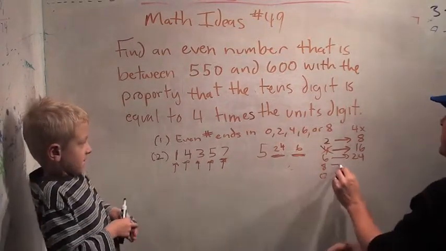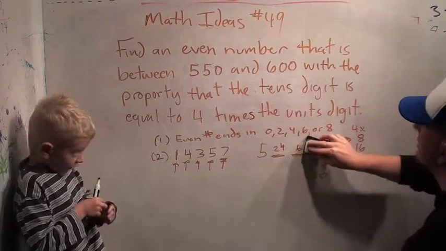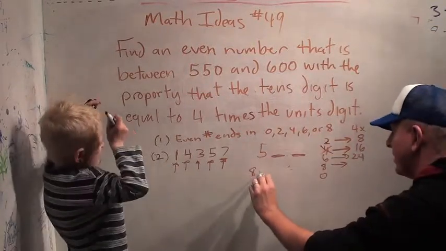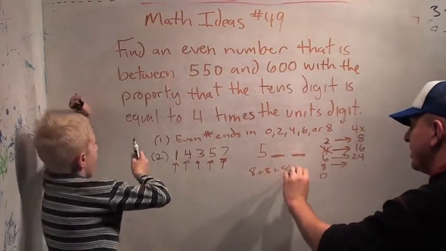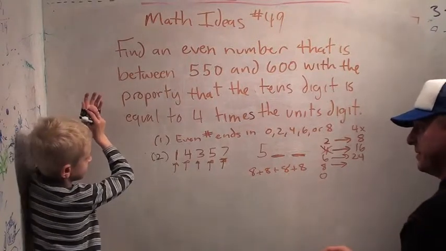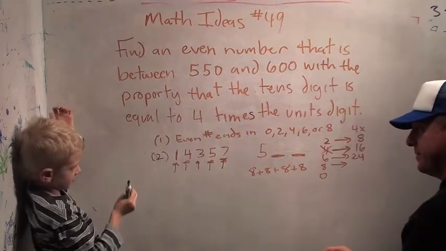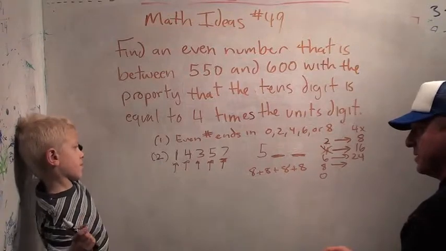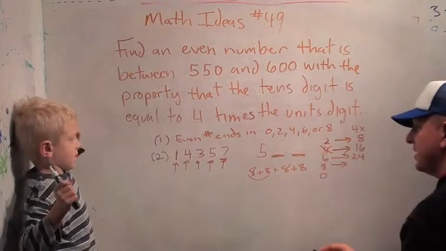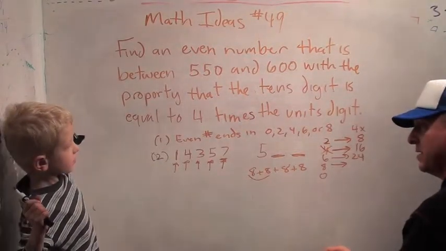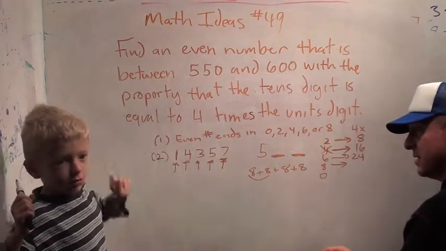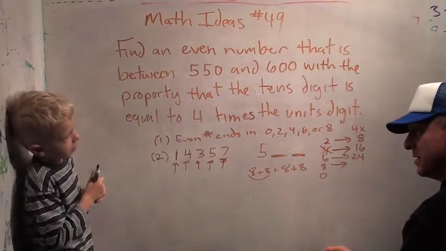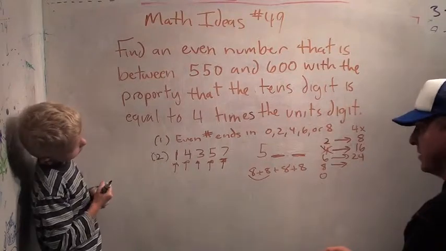What about 8 times 4? So 8 plus 8 plus 8 plus 8. 8 plus 8 is 16. We just do 16 plus 16. Oh, you could use 16 plus 16, that's true.